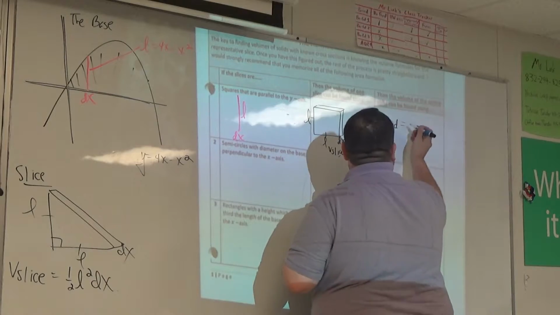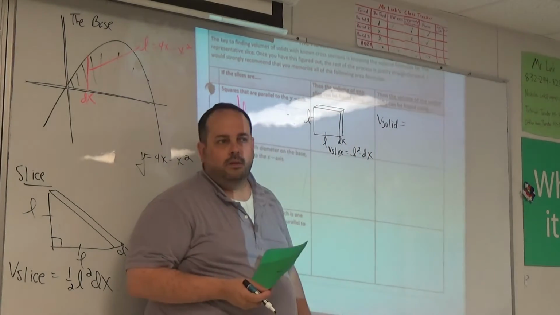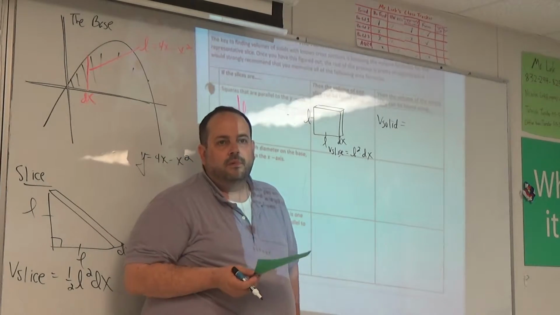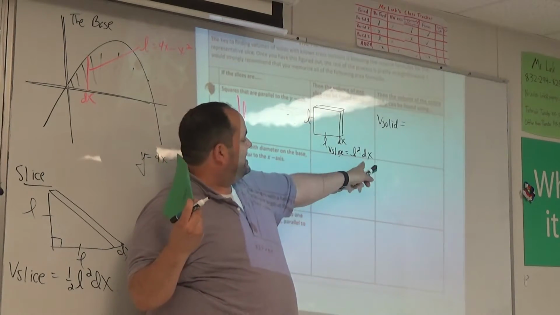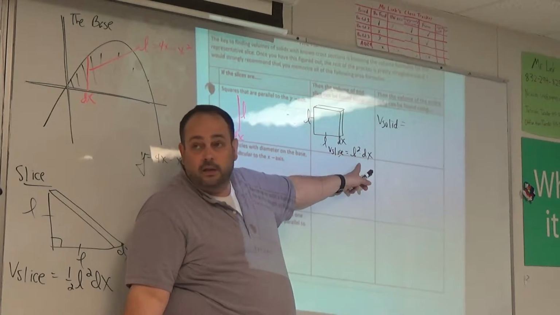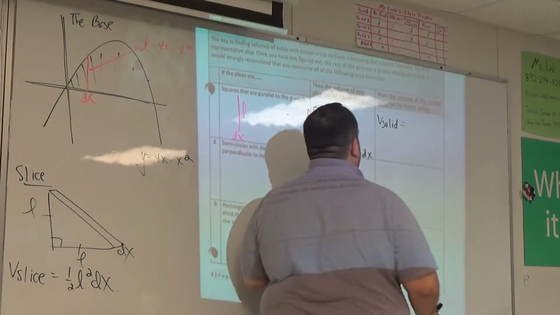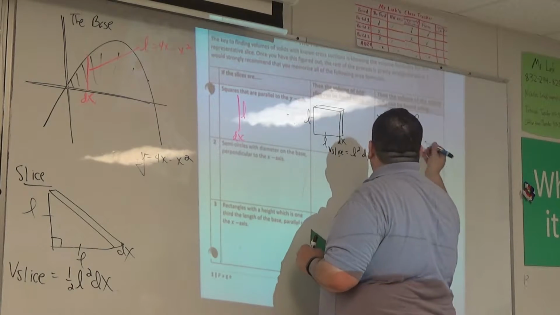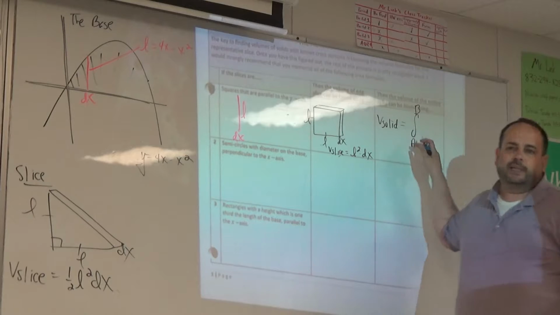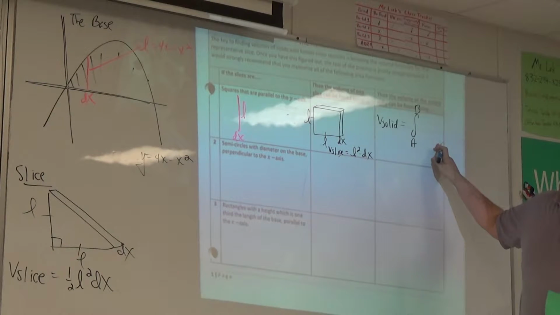What's the volume of the solid? What does Riemann tell you to do? The volume for one little slice is L squared dx. The volume for the solid? Jennifer, what's the volume for the solid going to be? You need an integral from some place A to some place B. I don't know what the A and the B are, and it doesn't even matter right now.